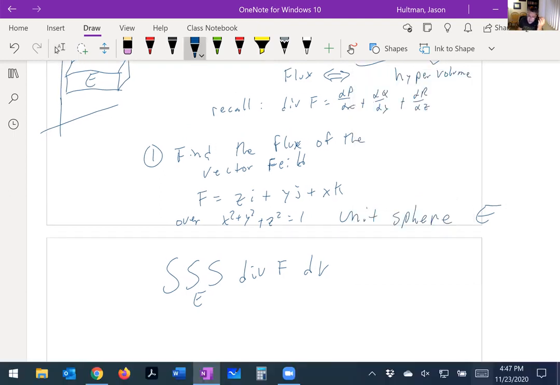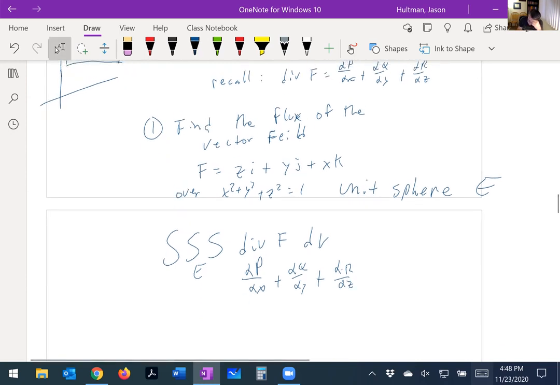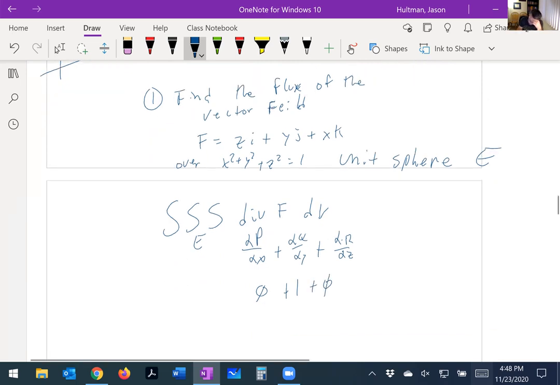Well, that's going to be dP/dx plus dQ/dy plus dR/dz. So now, well, what's z with respect to x is just 0. What's y with respect to y? It's just 1. And what's x with respect to z is just 0. So this is just 1.